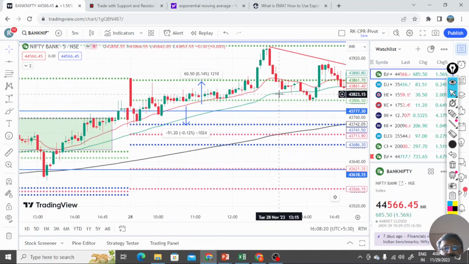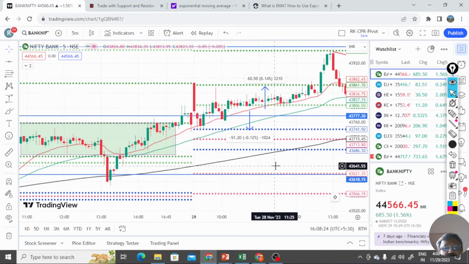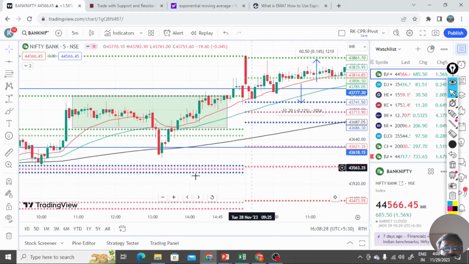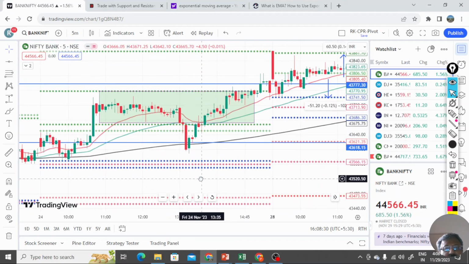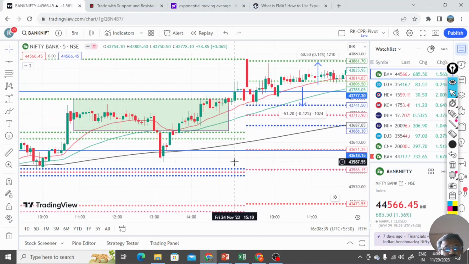So this EMA trading strategy is very simple in nature and it works very well. Let us see some chart patterns in the downtrend also, how it worked on a downtrend. See, the advantage of having another 50 EMA below this is like this.